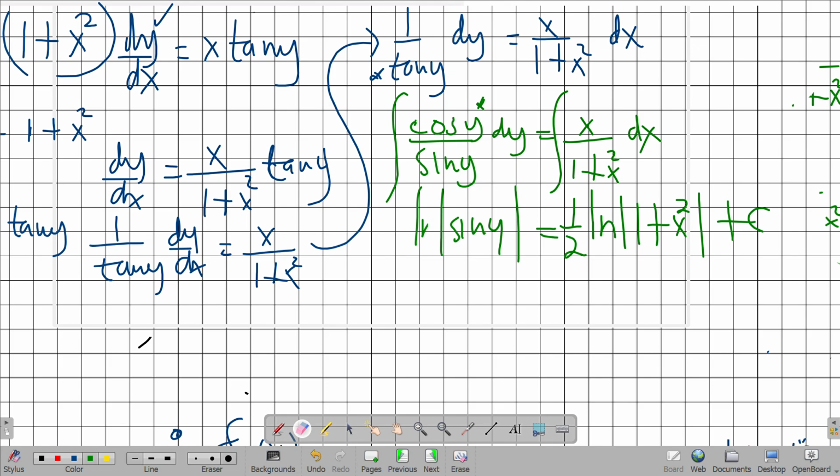For example, if we apply e here, I'm going to get sin y is equal to e to the power of natural log of 1 plus x squared to the power of half, times e to the power of c.